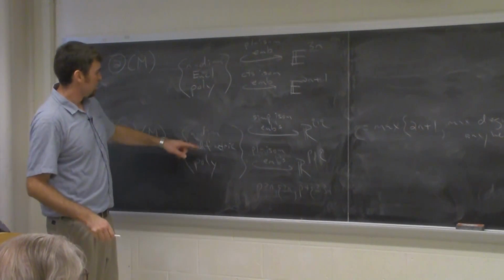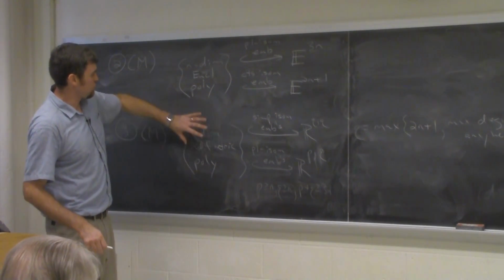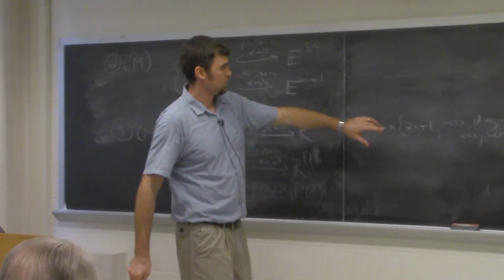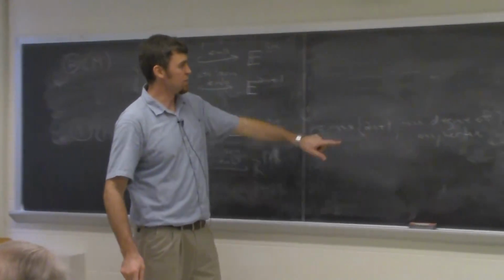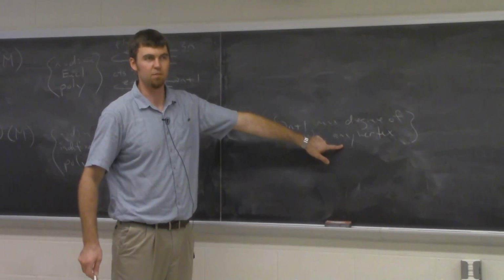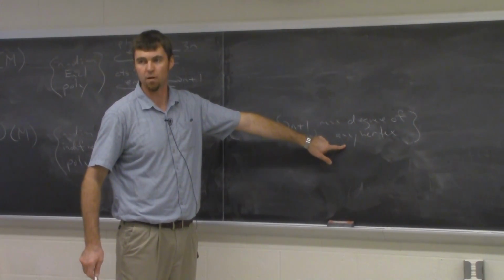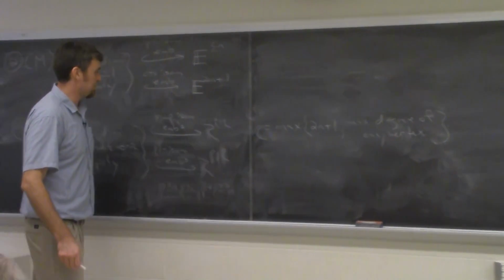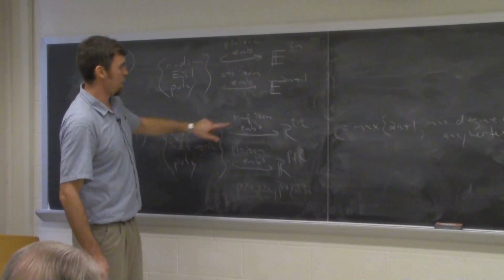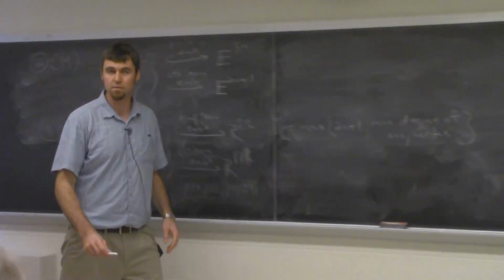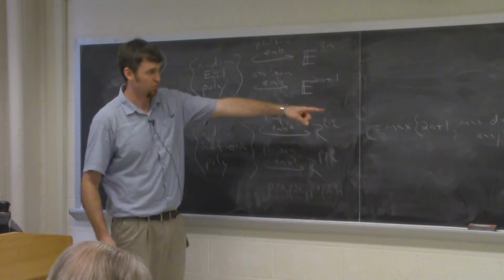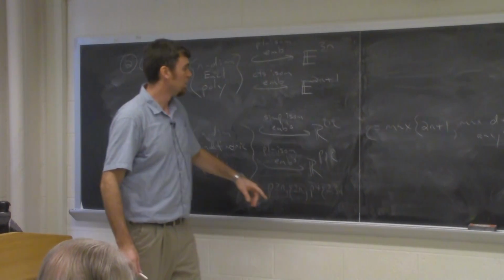Of course, if your space is compact, that exists. If your space is not compact, then you need to assume that this exists. The maximal degree of any vertex is bounded above. You make that an assumption. I cook up examples that show that in the compact case, this is necessary. You can't get rid of that. This is as good of a requirement as you can do.